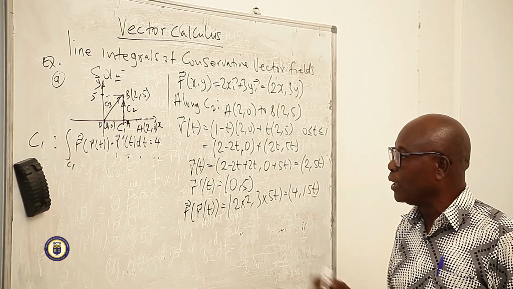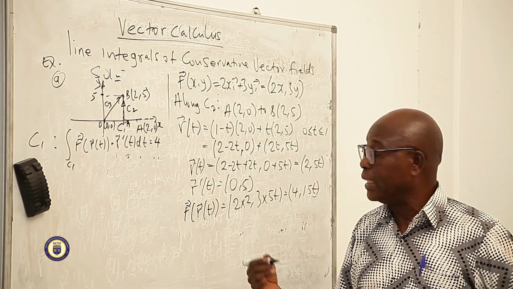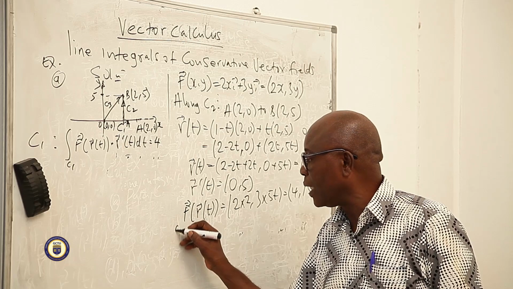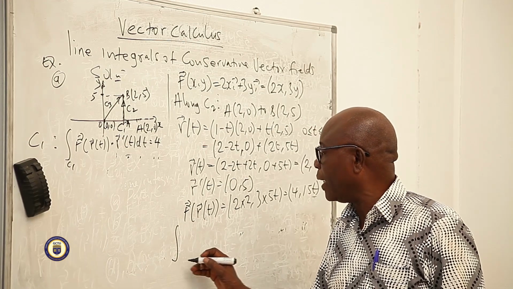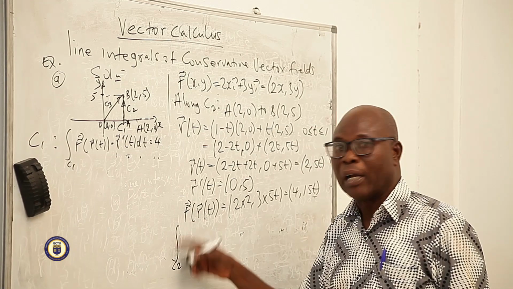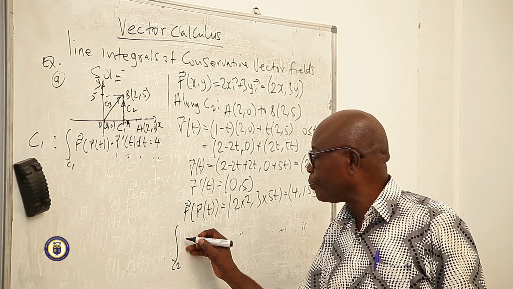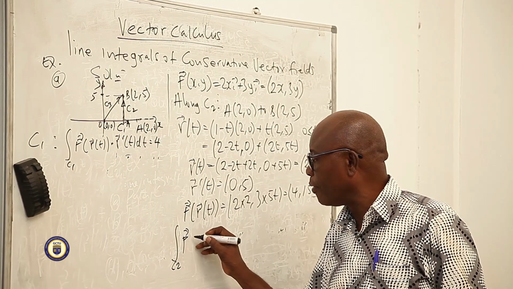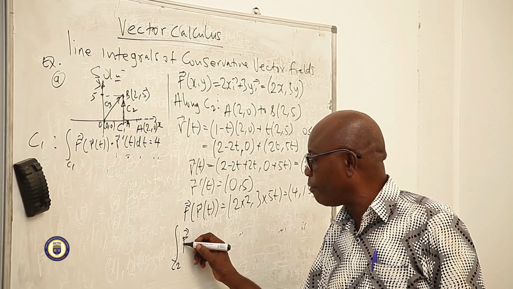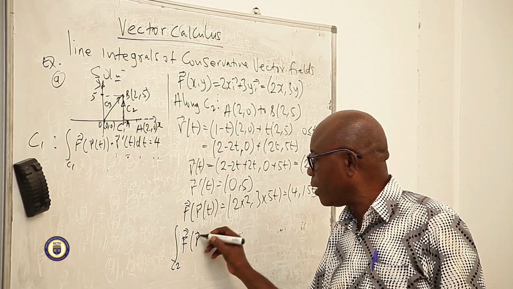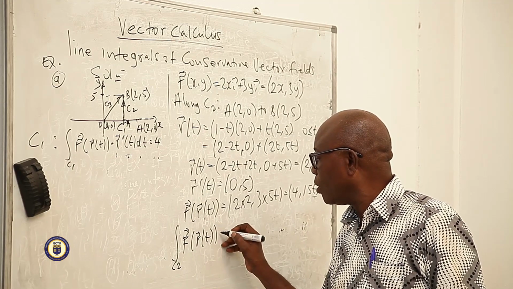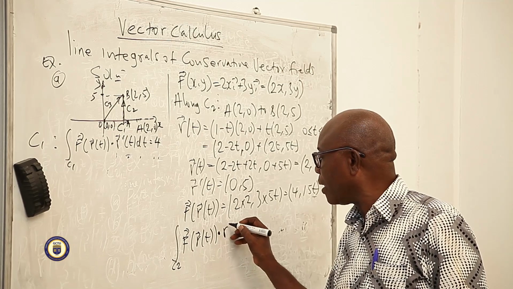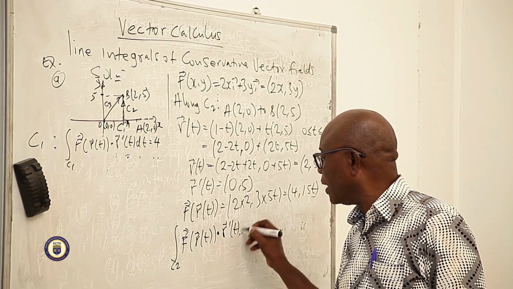And so we put this into the line integral formula, which is the line integral around the path C2 of f of r of t dot r prime of t dt.